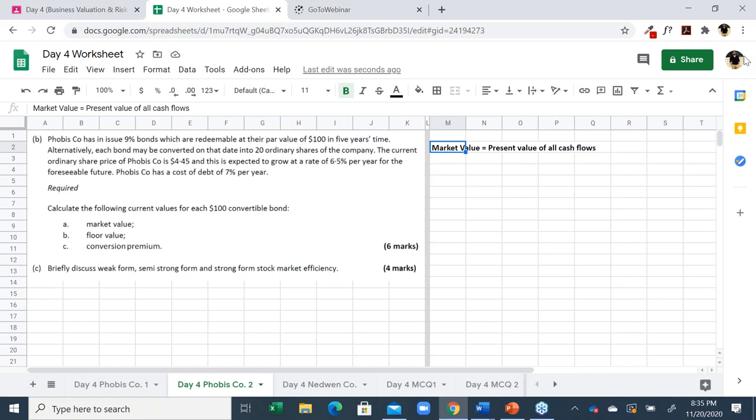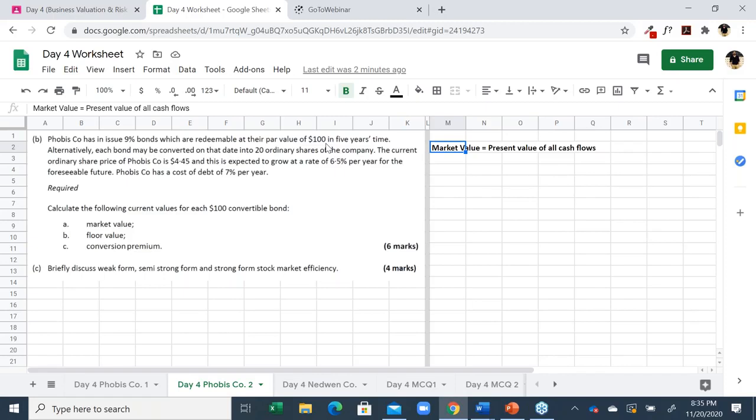These are the two cash flows that investors will be getting. But the problem is we don't know what is going to happen after 5 years in this case, whether the investor will be redeeming and getting the cash back, or converting into the shares.